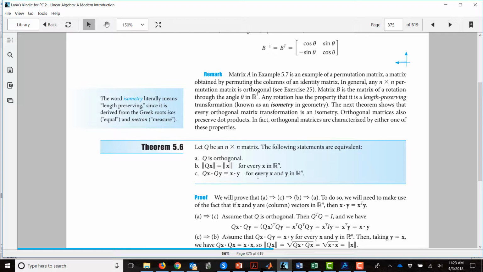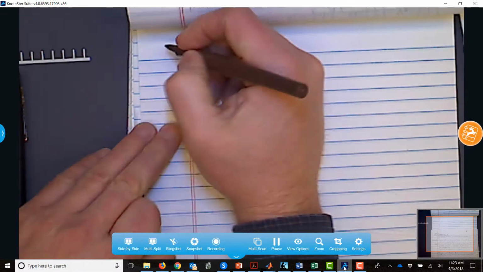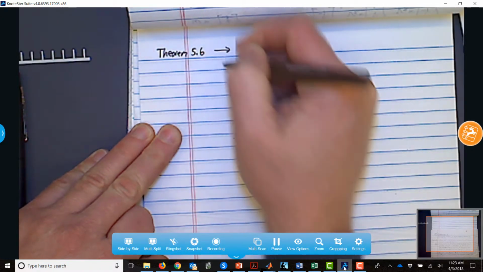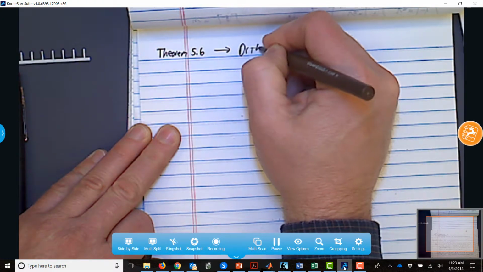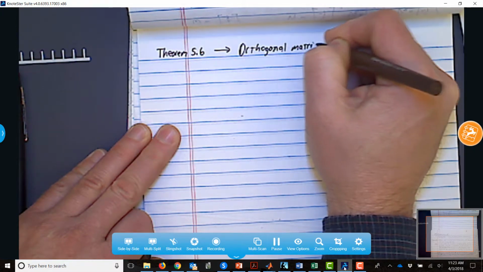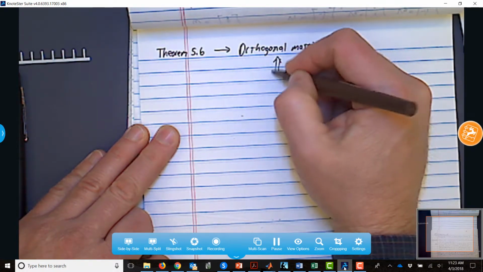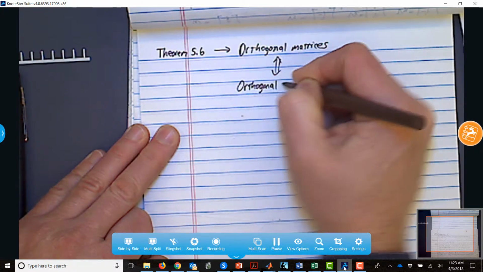So I guess the take-home message is the following. And let me write it down for you, because I don't think it's spelled out enough in the book. So theorem 5.6 really says that orthogonal matrices, and by the way, remember that every matrix is the same as a linear transformation, right?